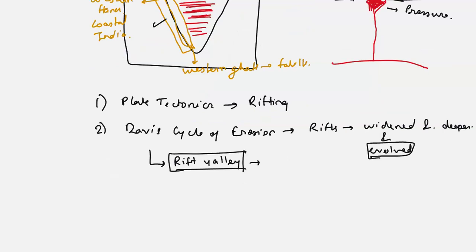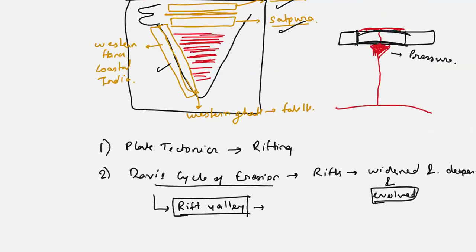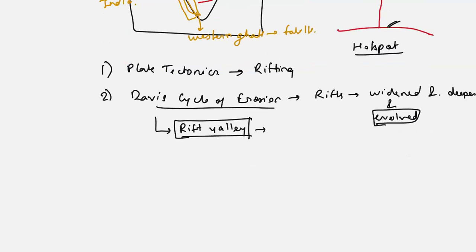Now we can also see that the movement of the crustal plates, the heat which has come from the core of the earth, and the hotspot mechanism all define how this particular landform has formed and how it is evolving over time. So this is another case with respect to the rift valley in India.